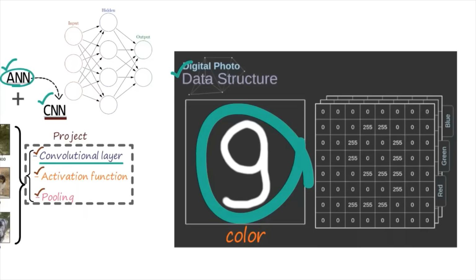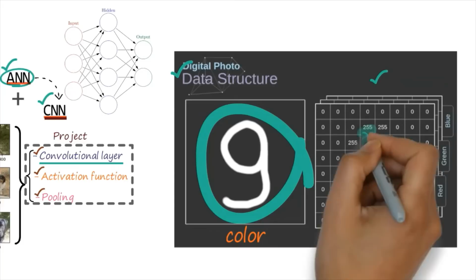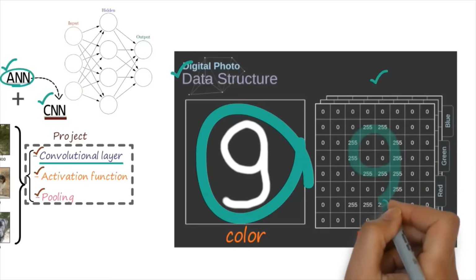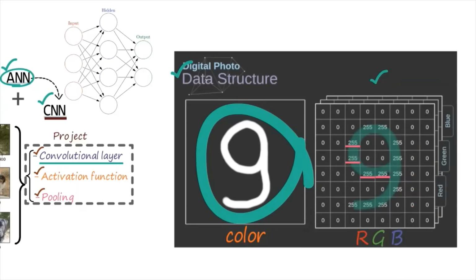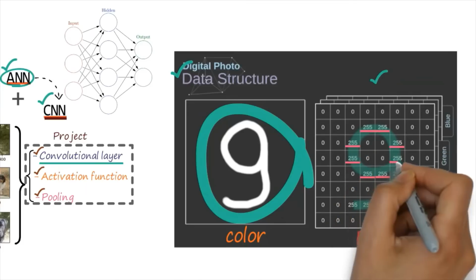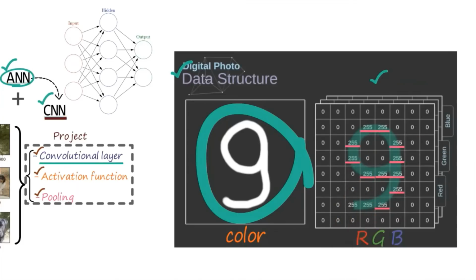Whenever I talk about a color image, we know that the basic primary colors are RGB. So here we are going to discuss this image in terms of RGB color. If you focus here, you will find that we have a pattern of 9 over here. And we have a very high value of intensity here, and it is creating the shape of 9. You can also observe here we have 3 basic frames.